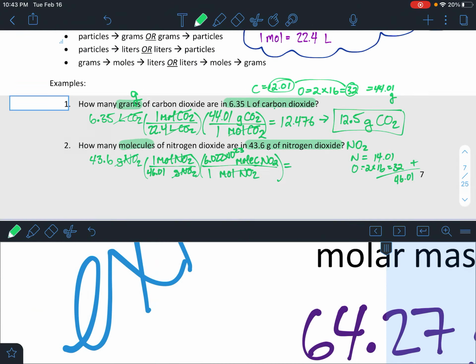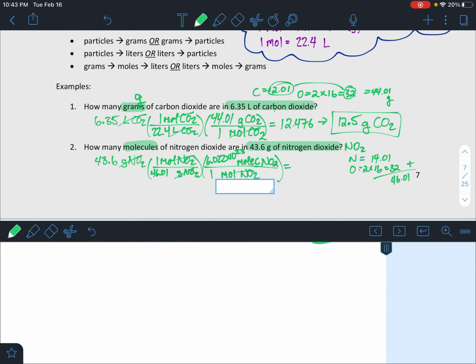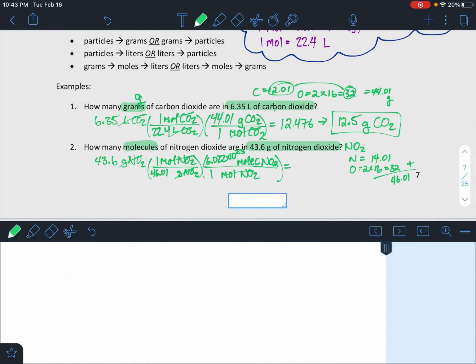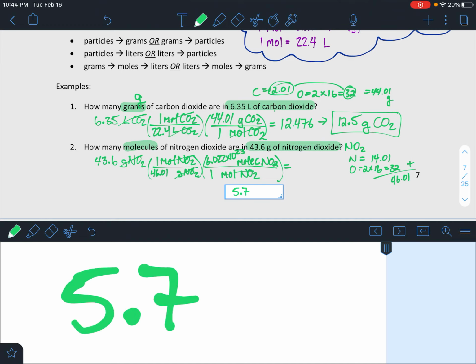So in my calculator, the answer I got was 5.70658, and there are three significant figures. So that leaves us with the answer of 5.7, and there's a 0 and then a 6.